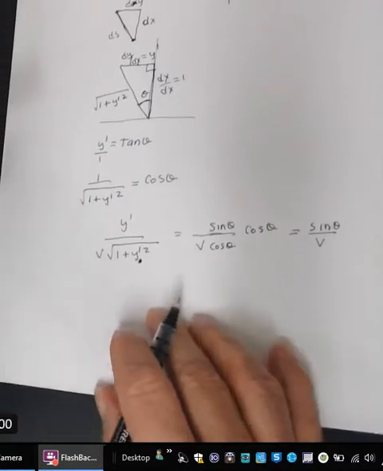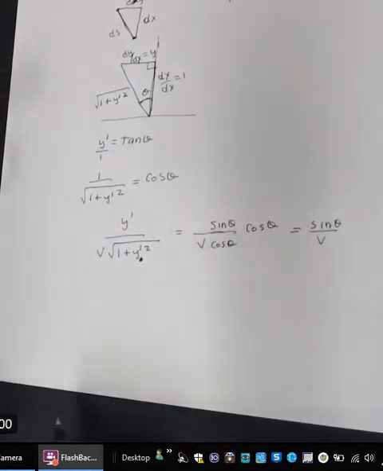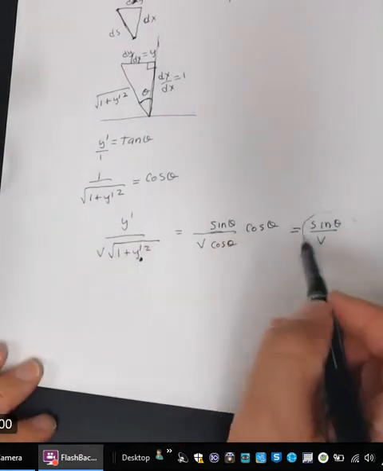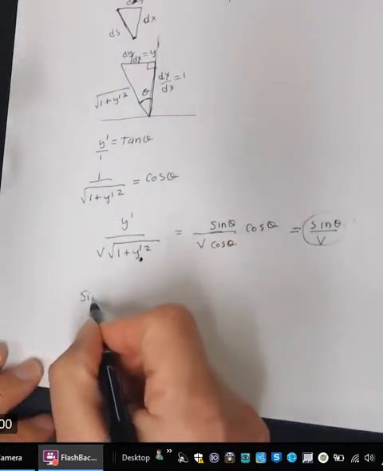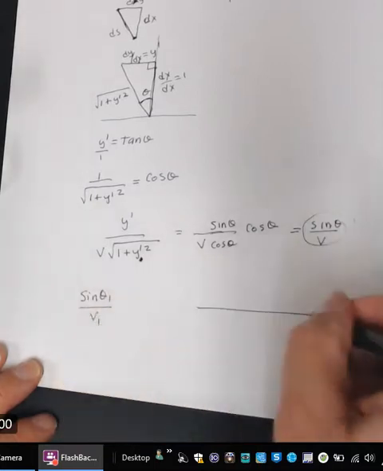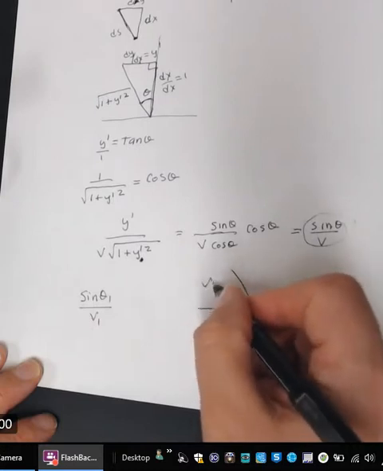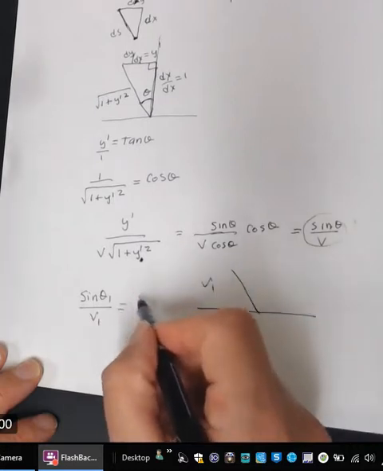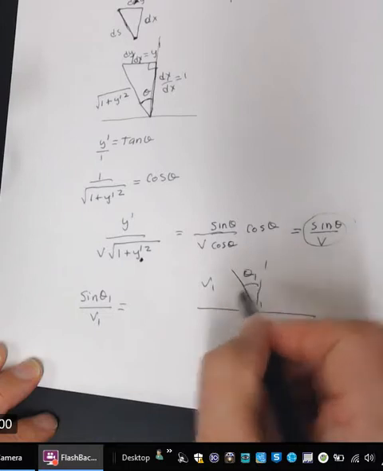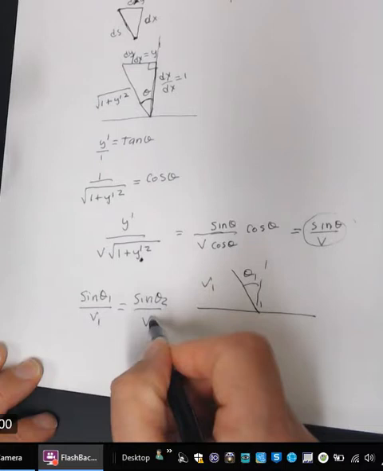So what we get now is that this thing is a constant, but we can write it like this: sine theta 1 over v1 when you're on this side, with speed v1, is equal to sine theta 2 over v2 on this side.